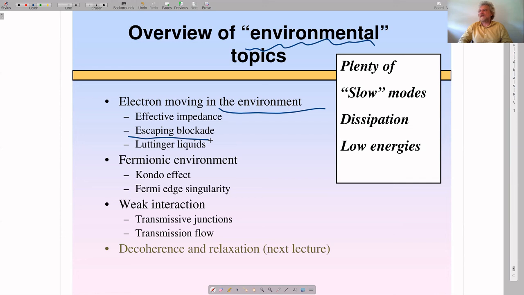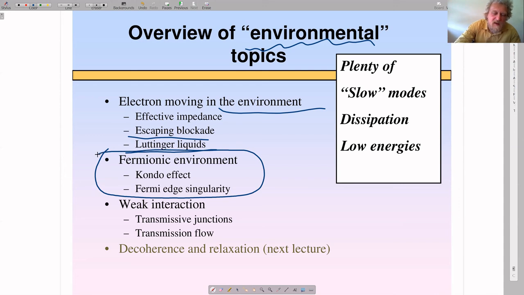One can also study experimentally Luttinger liquids, electrons in one-dimensional nanowires, for instance. There's also an environment made by fermions, which gives rise to Coulomb effects, which one can see in quantum dots, transport through quantum dots.